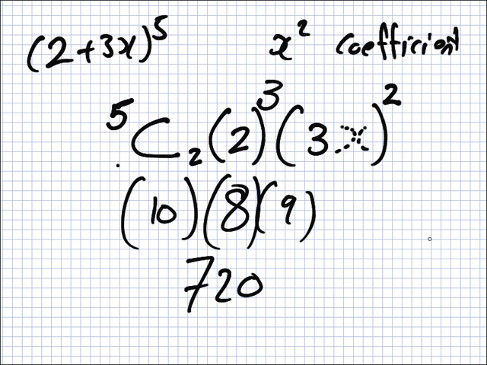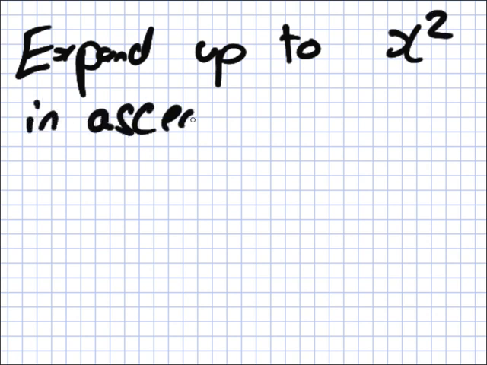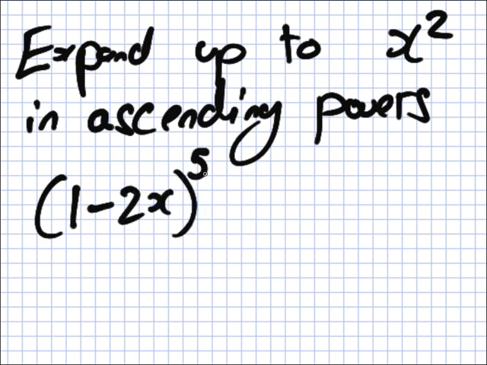Right. Let's see if you can figure out what to do here. I want you to expand up to x squared in ascending powers. Do I want you to fully expand here?